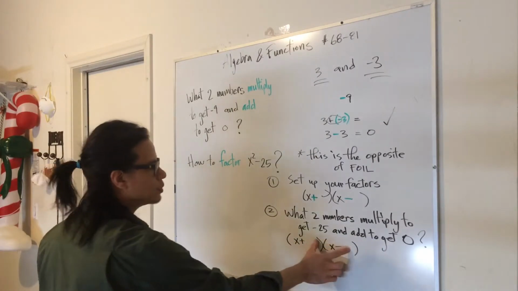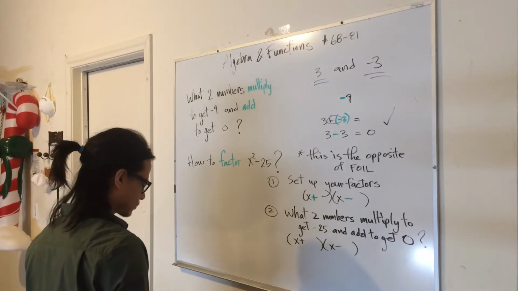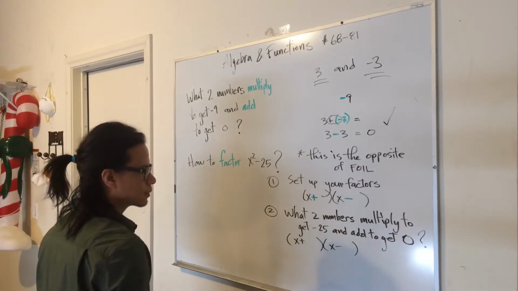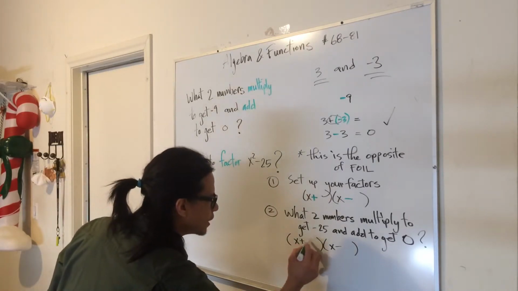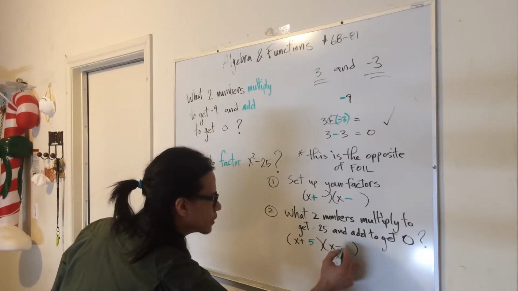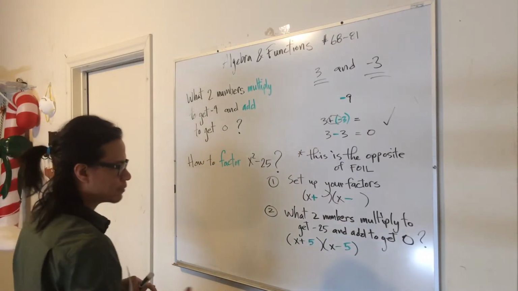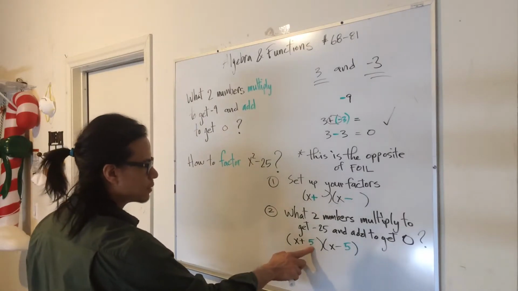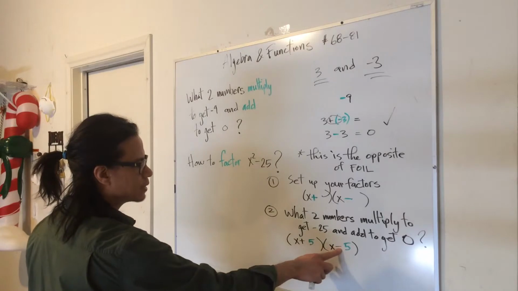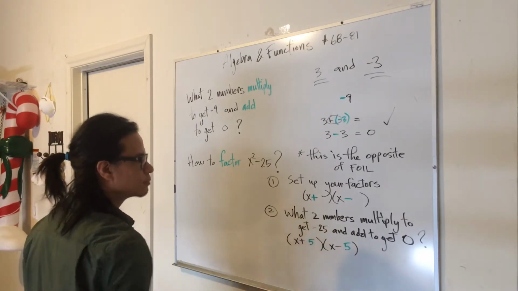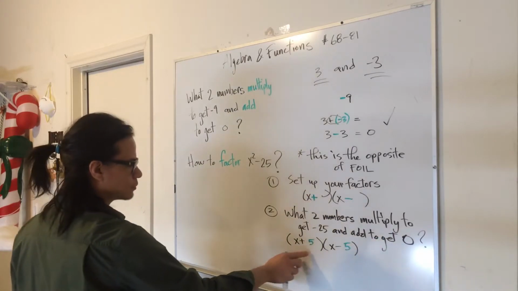Think of what two numbers multiply to get -25. In my case, we'll just randomly try +5 and -5. Do they give us what we want? Well, let's see. 5 times 5 is 25. Positive times negative is negative. Let's check if they add up to get 0.